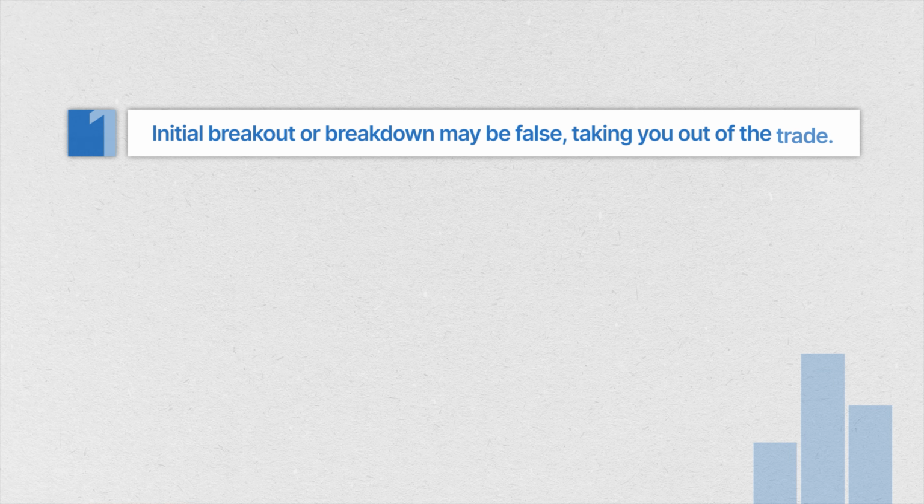Now, obviously, the next question is what happens on days when things do not play out as cleanly? There are a few possibilities. First, the initial upside breakout or downside breakdown may turn out to be false, in which case it can take you out of the trade.